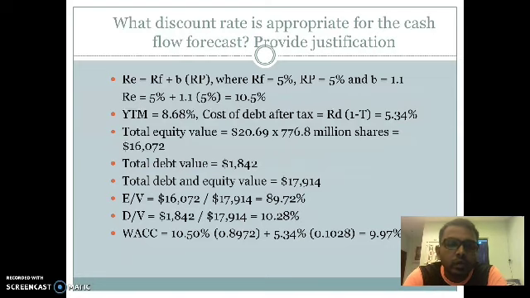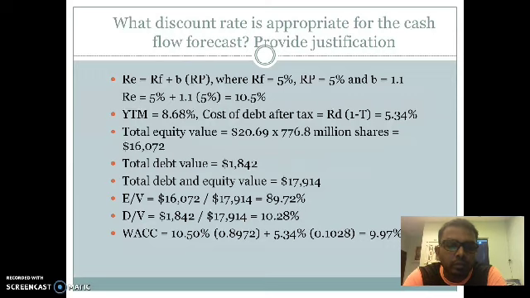The total equity value for Southwest Airlines is the current share price of $20.69 per share times the total outstanding shares of 776 million. So we get about 16,072 million equity value, and the total debt value is 1,842 million.